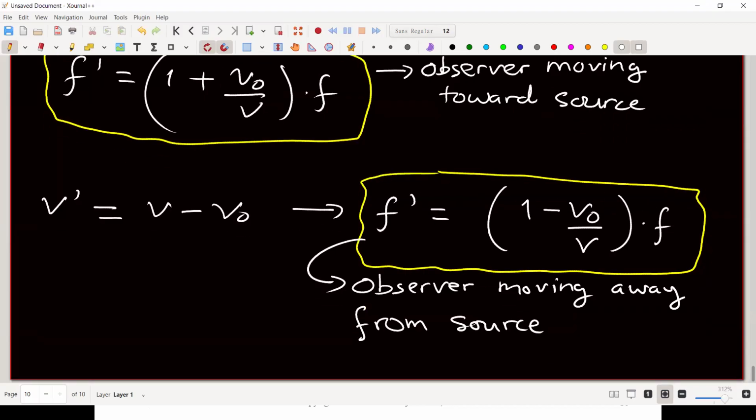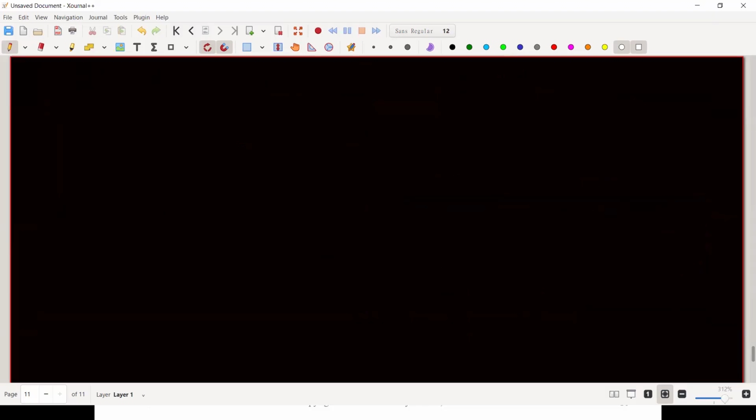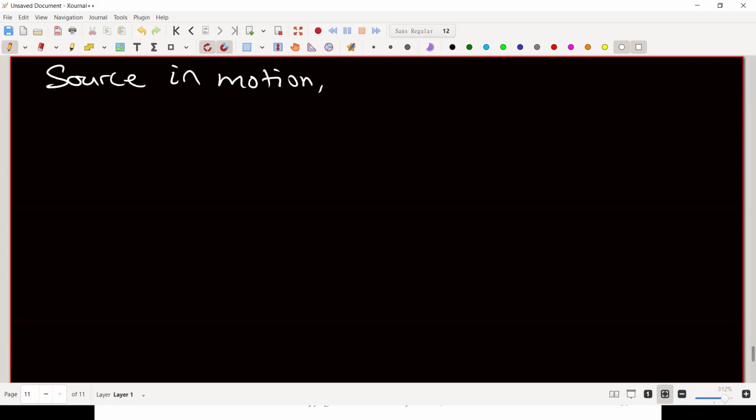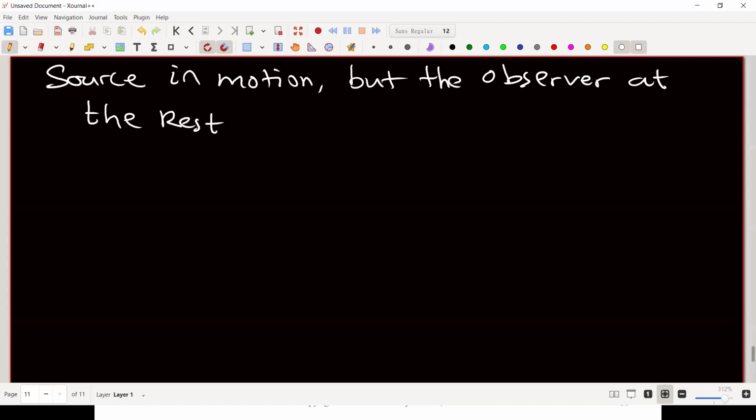But how about the wavelength, lambda? We can calculate the wavelength. In this case, the source is in motion, but the observer is at rest, I mean, it's not in motion.